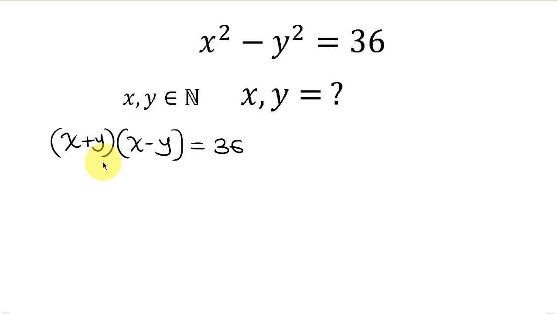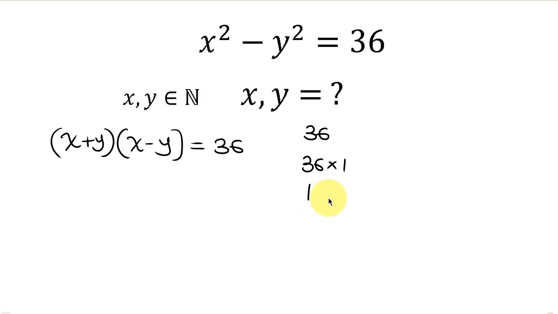Now we have two factors, x plus y and x minus y, which multiply to give 36. That means our next step will be for us to write out the factors of 36. For example, 36 has factors. We have 36 times 1 gives 36.